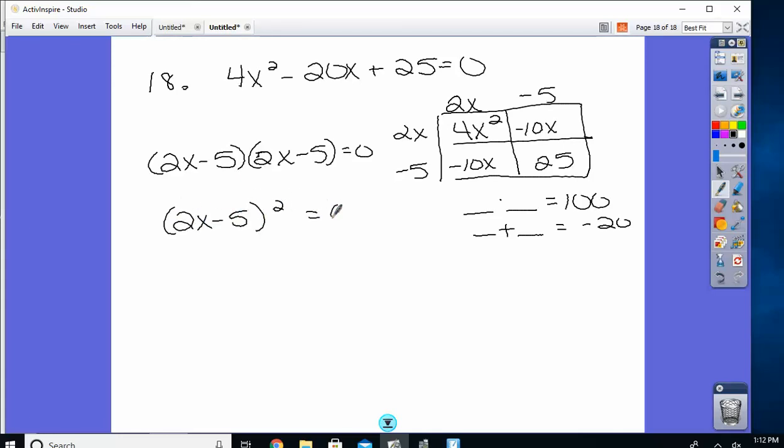So to find your solution, you have to set that equal to 0. That was the solution twice.